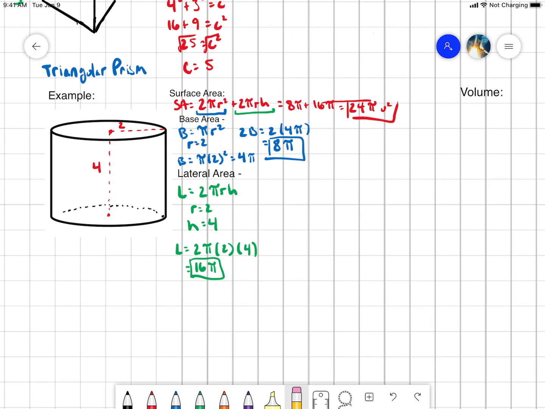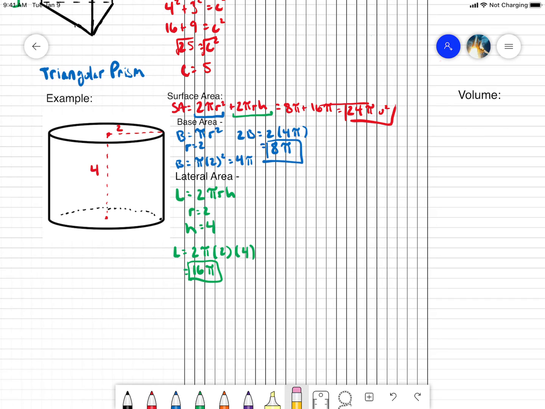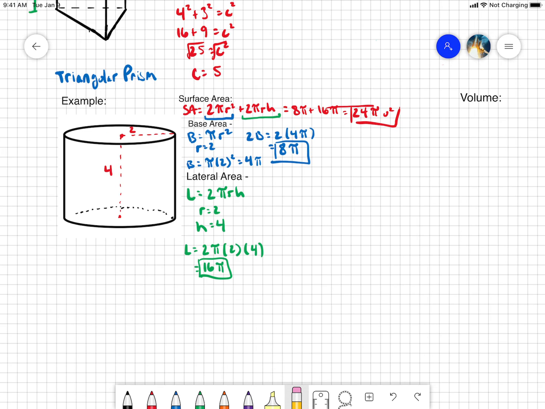So for this right cylinder, since the volume, again, is going to equal base area times height, or more specifically, pi r squared h, the key pieces that we need are r and h. Well, what's the radius of the base in this case?